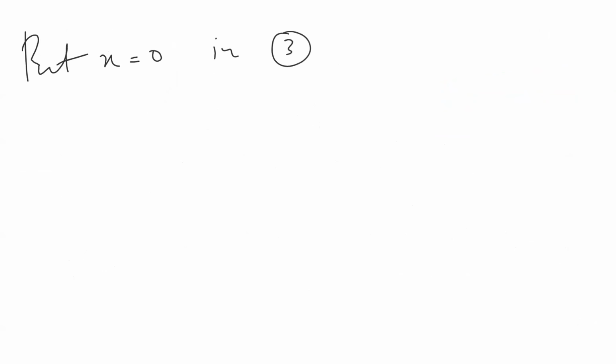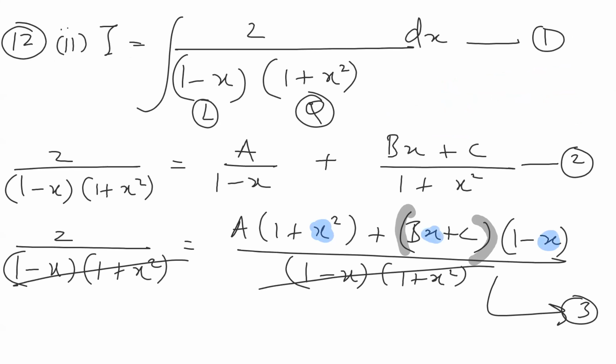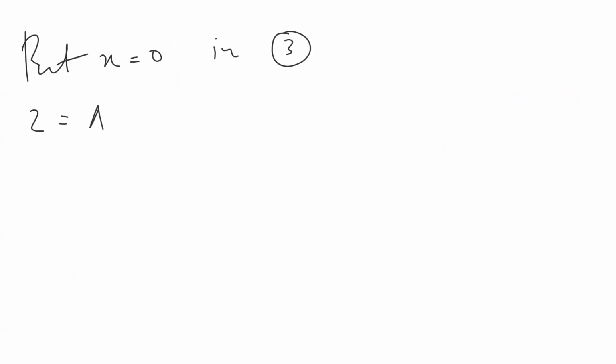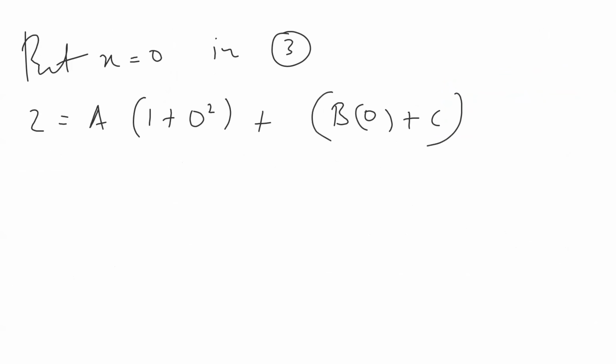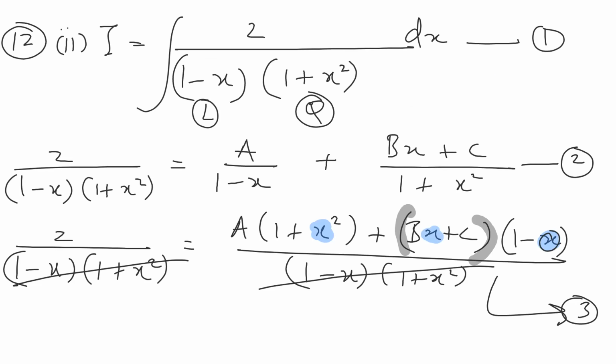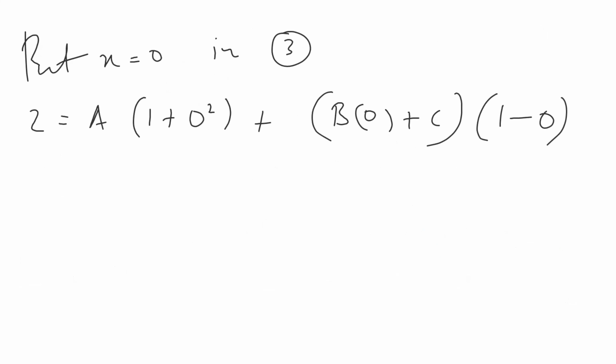So 2 is equal to a into 1 plus 0 square, plus b into 0 plus c into 1 minus 0. Fine.